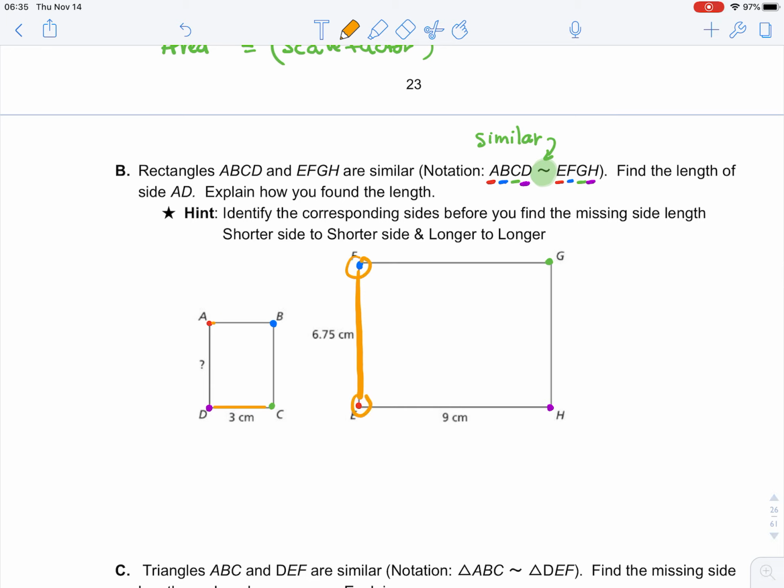But because they're rectangles, they match the same on opposite sides. Okay, and the reason I did DC instead of AB is because DC has that numerical value there. So it gets from big to small. Okay, this is my pre-image, and this is my image.